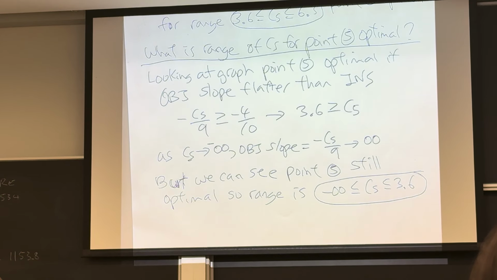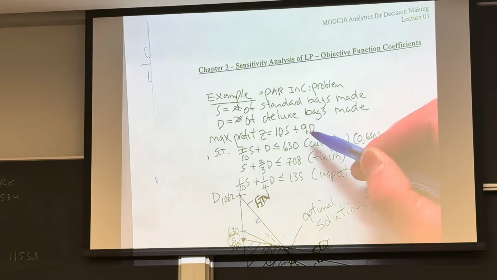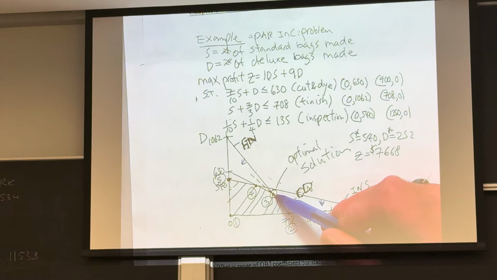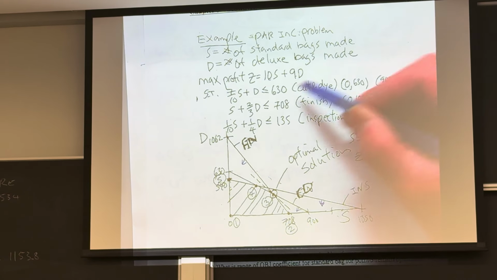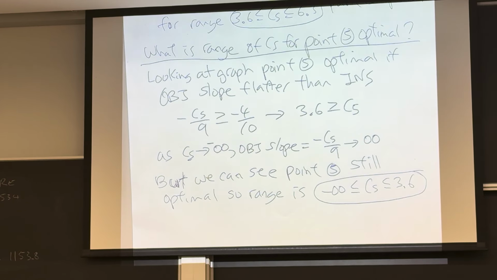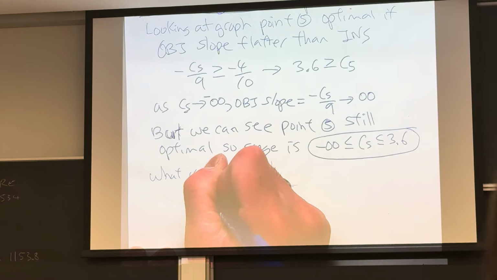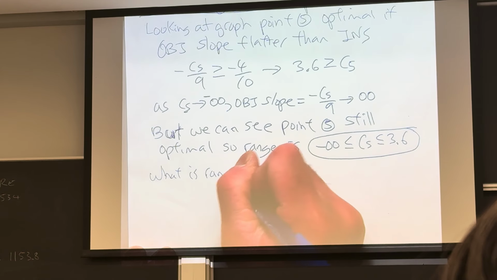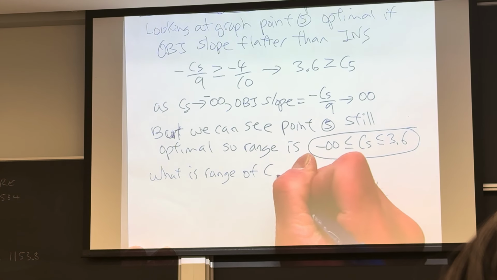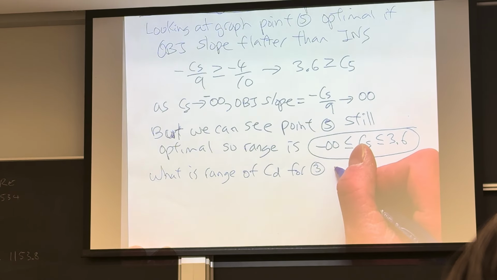Now, how about if we make changes instead to the log spec? What is the range of the coefficient for the deluxe bag for the original 0.3 to remain optimal?